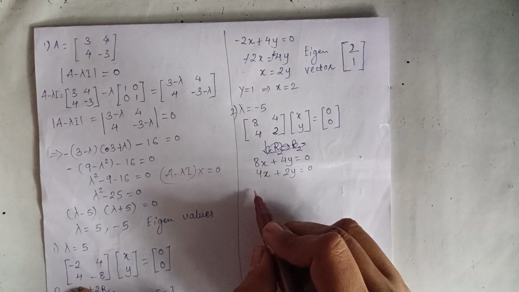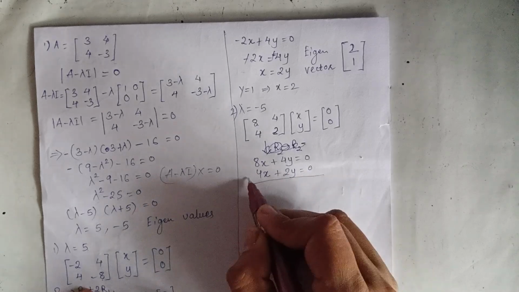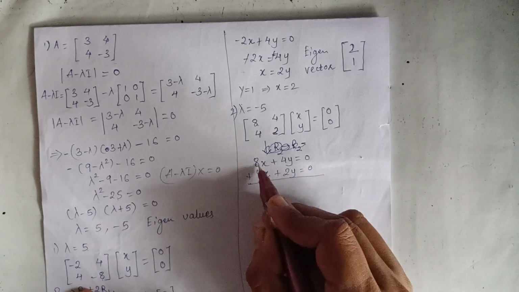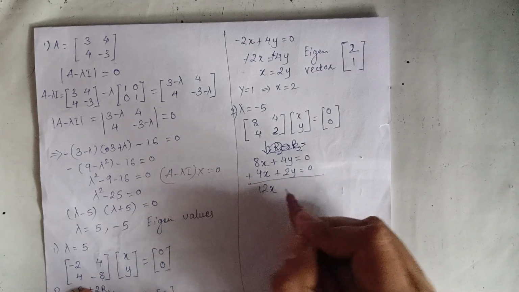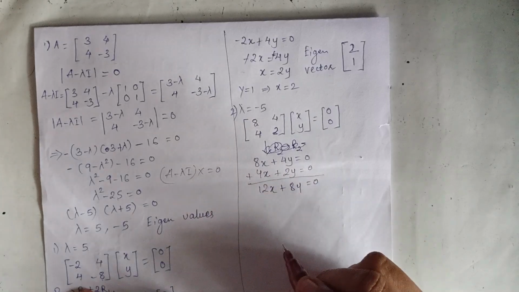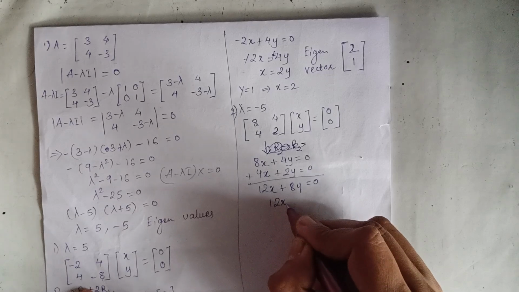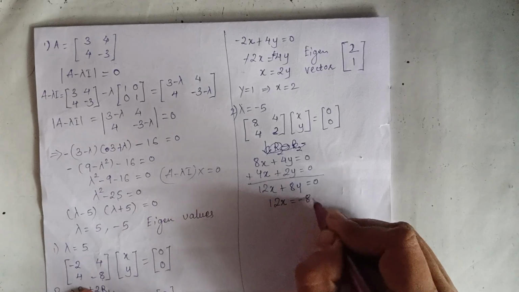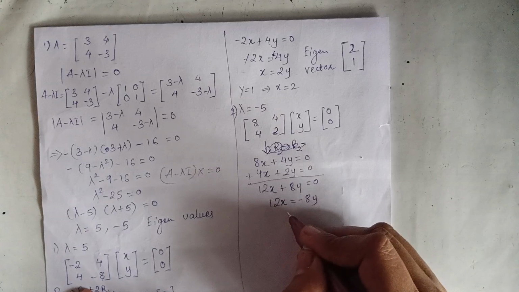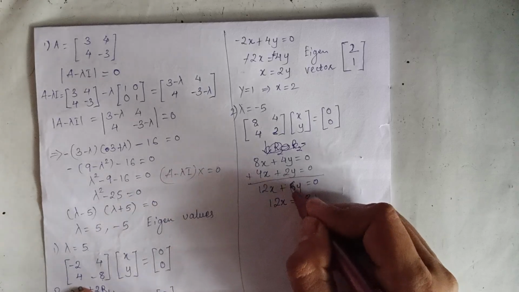Okay, so I'll make use of adding these two. What you will get? 12x plus 8y equal to 0. Okay, so this is 12x equal to minus 8y, and this is 6.